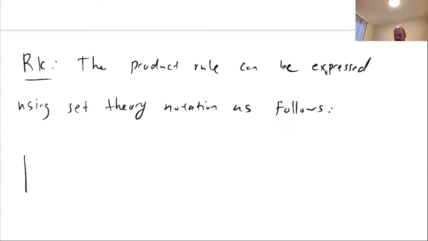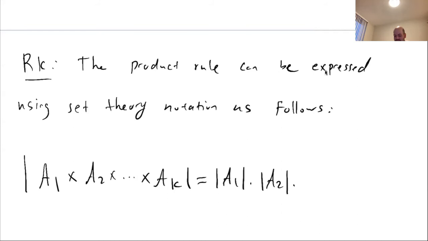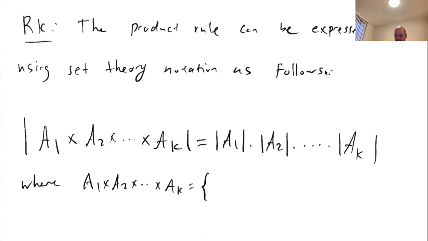We can say that the cardinality of A1 cross A2 cross Ak is equal to the cardinality of A1 times cardinality of A2 times cardinality of Ak. Here, A1 cross A2 cross Ak is the set of all k-tuples (a1 to ak) such that a1 belongs to A1 all the way to ak belongs to Ak. So this is still the same as the product rule.